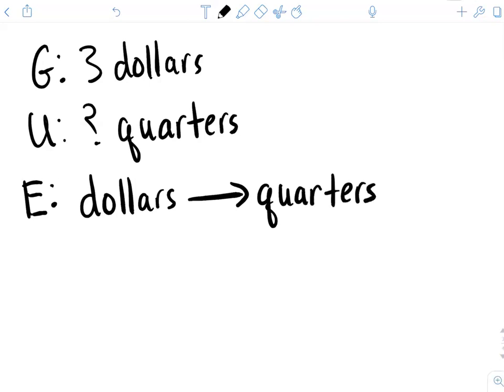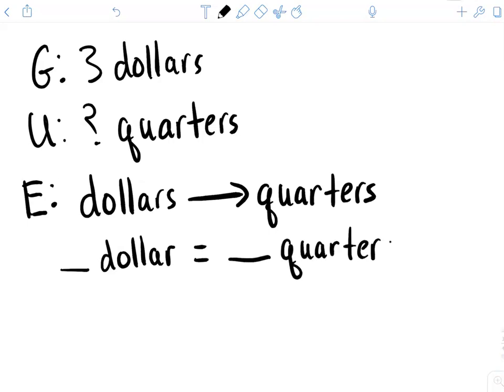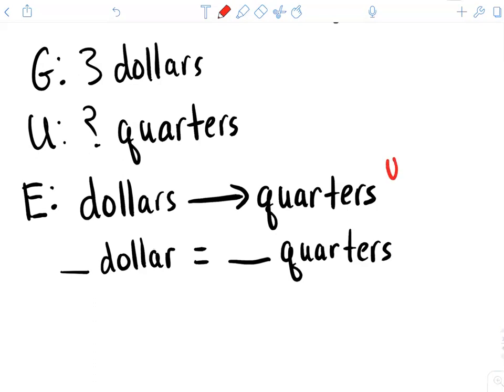Well, I have to think to myself, blank dollar equals blank quarters. Okay? Now, up here where I wrote dollars to quarters, that is my unit path. That's how I'm showing my units are going to change.